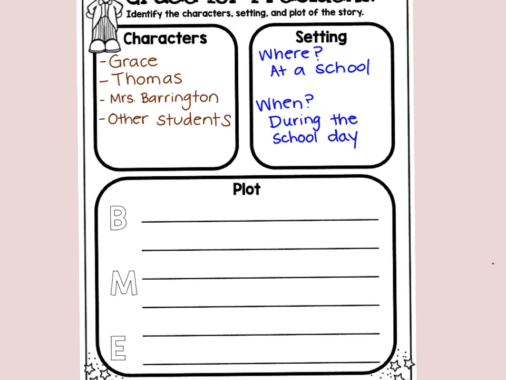Well, Grace learns that no women have been President of the United States. And so her teacher decides to hold an election at school. You can put that into your own words to write down for beginning, or you can write it down how I write it.